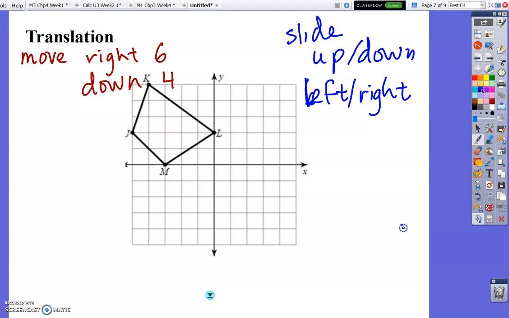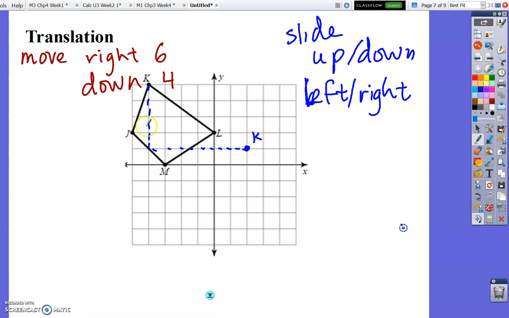Let's put it in blue. So down 4, right 6, and there's K. Notice it's gone down 4 and right 6.